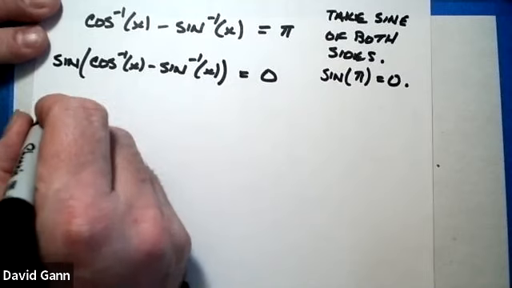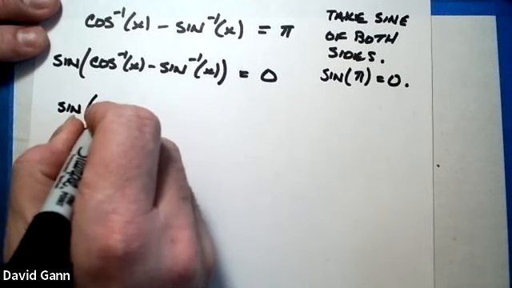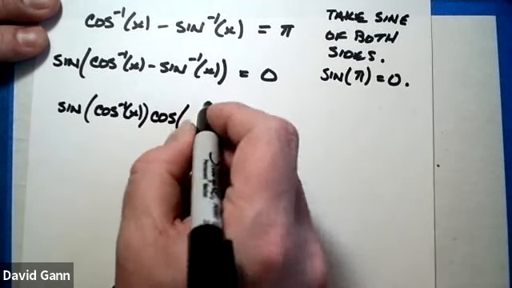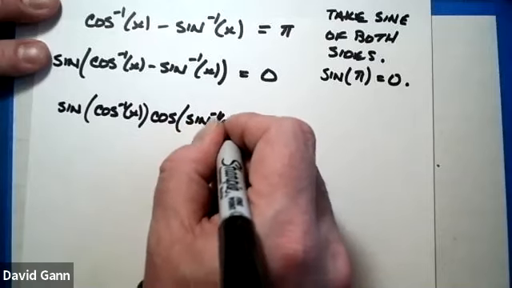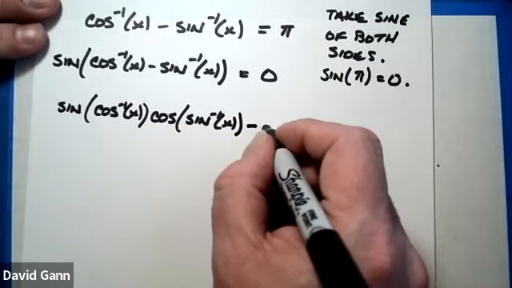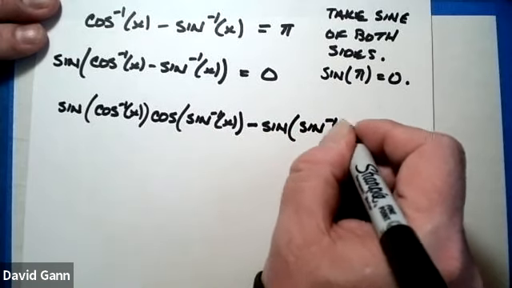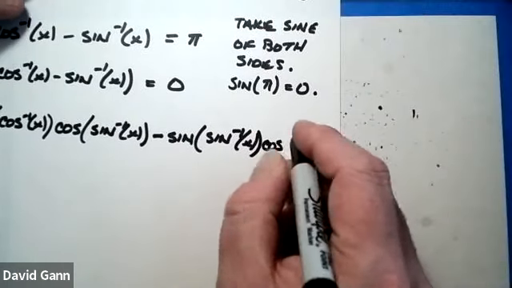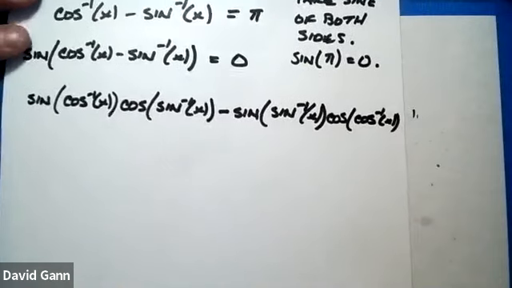So for sine of a minus b, it is sine of the first thing, which is inverse cosine of x, times cosine of the second thing, which is inverse sine of x, then minus sine of the second thing, which is inverse sine of x, times cosine of the first thing, which is this inverse cosine of x. And I think I got all the parentheses right. And of course, that's all equal to 0. Ran out of space there a little bit.